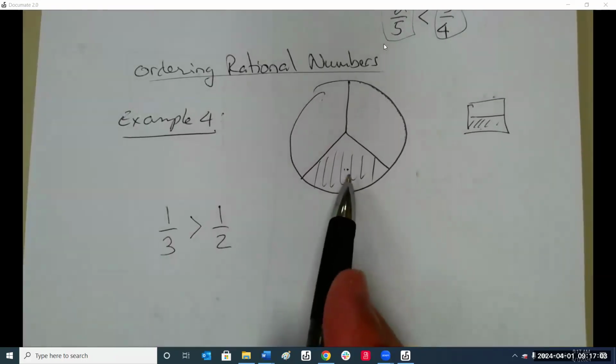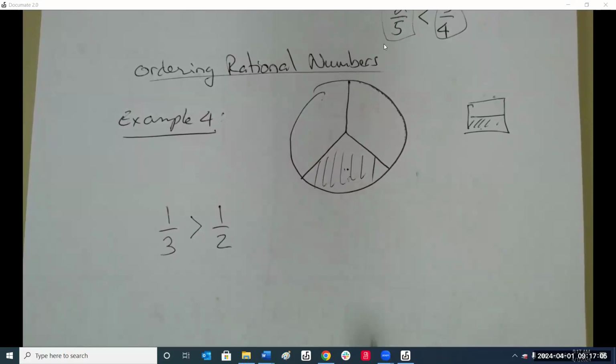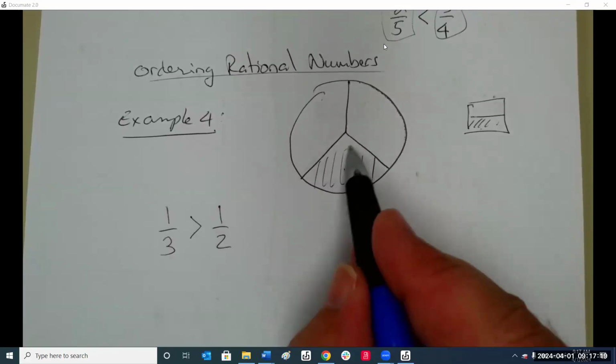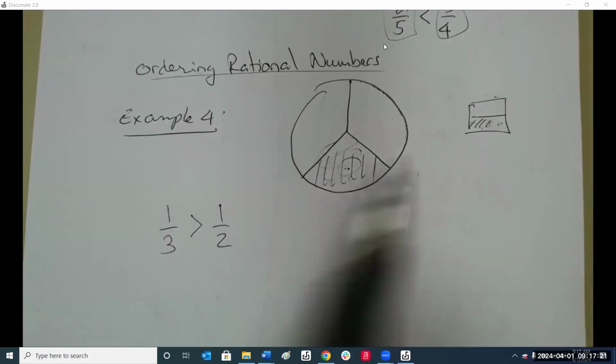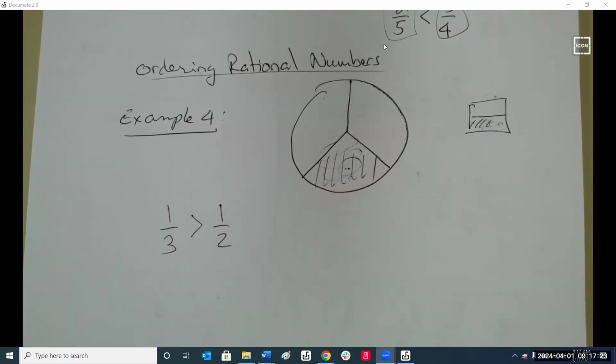Is 1/3, because it's the area, bigger than that 1/2 one? You see how the kids would think of this? Because yeah, that's a much bigger area than that. Is it true? ¿Por qué no?